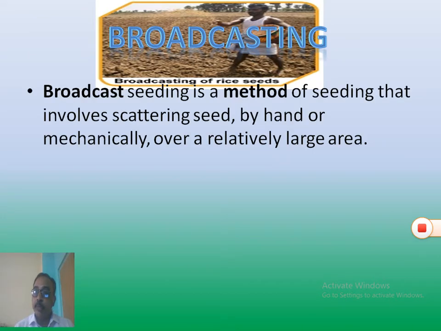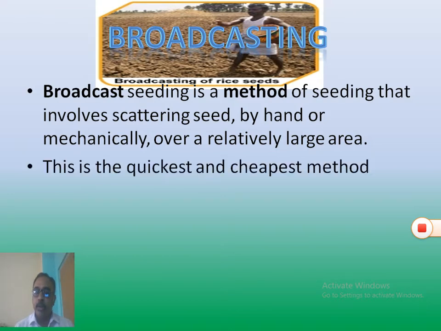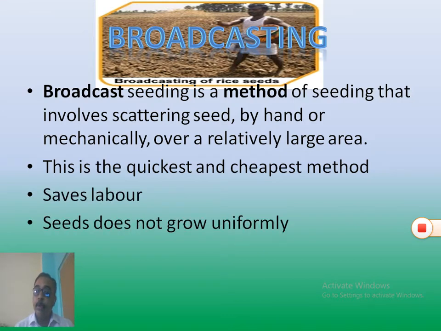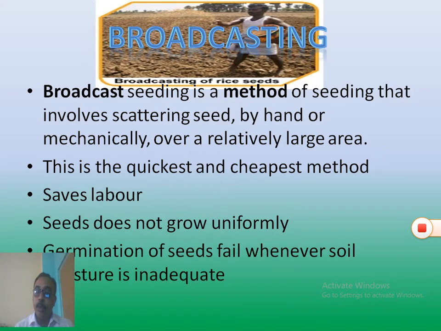It's a method of seeding that involves scattering of the seed either by hand or mechanically over a larger area. Now this is a very quick and cheap method, and that is the reason most of the farmers try to utilize this method. It saves labor also, but the disadvantage of the broadcasting method is that it does not grow uniformly, and germination of the seeds fails whenever the soil moisture is inadequate.